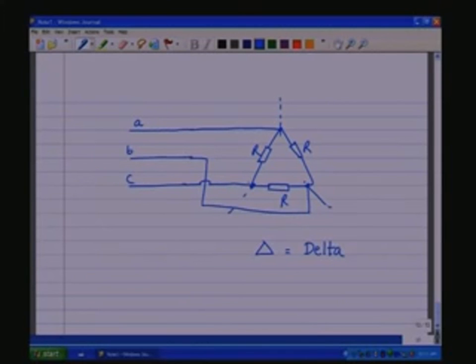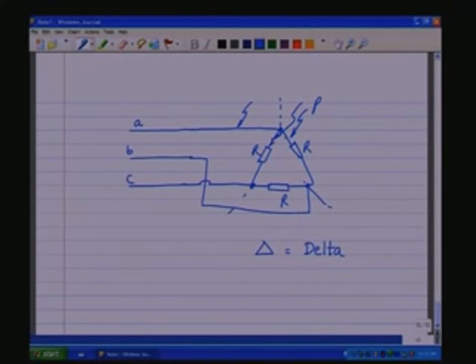So, here also the voltage across the phase circuit is called the phase voltage. In this case, phase voltage and line voltage are the same. You have the line currents which are flowing in the lines, phase currents which are flowing in the phases here.